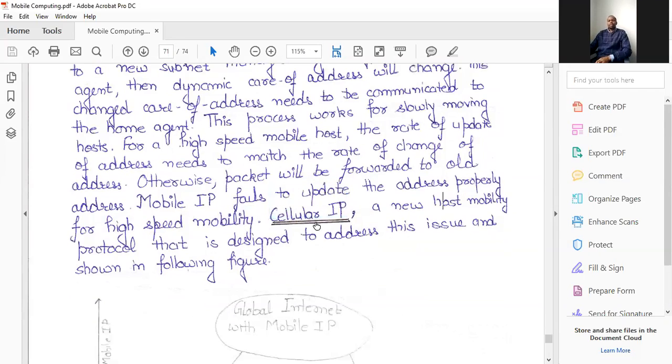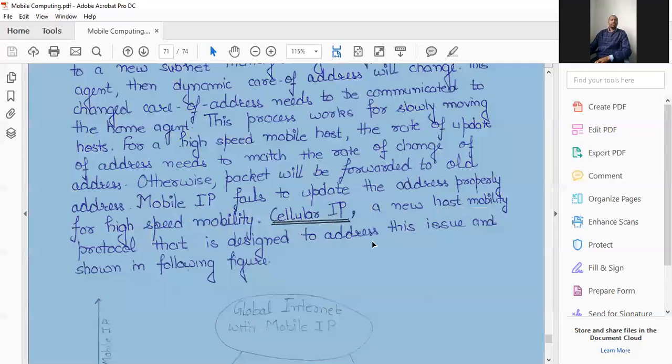Cellular IP is a new host mobility protocol designed to address this issue, where mobile phones are moving from one network to another at very fast speeds, for example if you are flying on a plane. If I'm seated here where I'm teaching right now, I'm using a router, and it's stationary, I'm not moving.